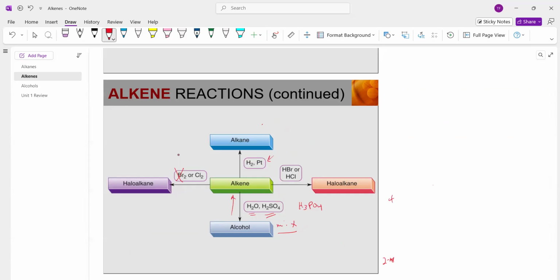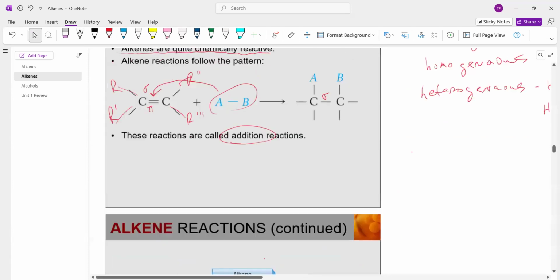Biochemically, whenever they modify things, most of the time it's with chlorine, not bromine or fluorine. So let's talk about this one first. This is the homo, and the hetero. Same, different.